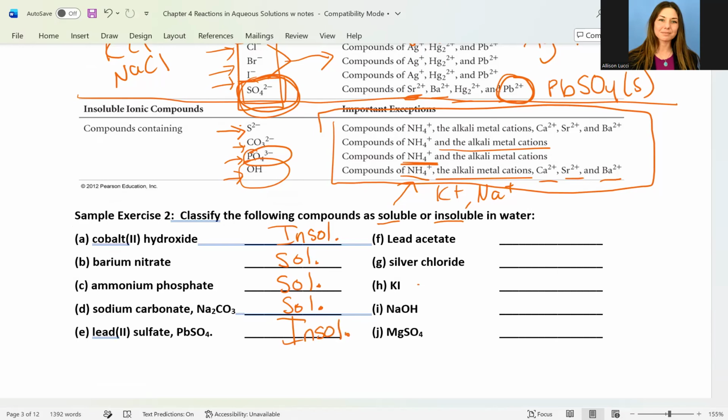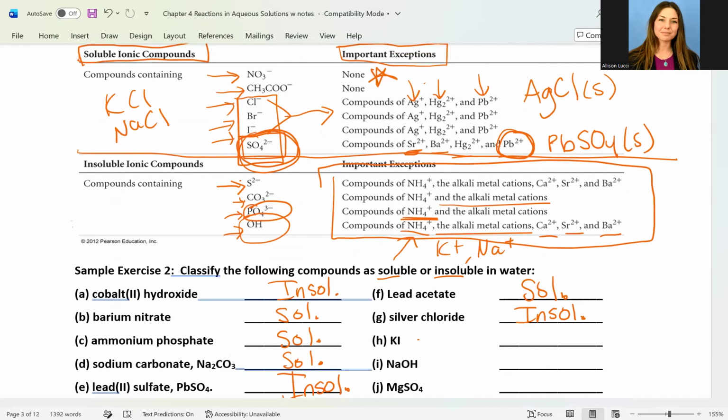And then in my next column here, I mentioned all acetates will be soluble, so we'll say that there. I used when silver comes in contact with chloride ions as an example above, so we know that will be an insoluble precipitate. And then potassium iodide.